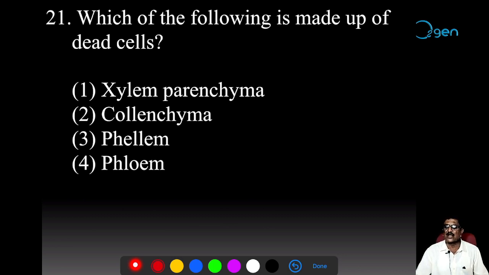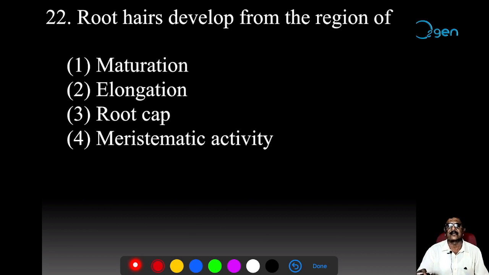Phellem, commonly called cork, is produced by the cork cambium. It is always dead cells. The cork or phellem is used to close the mouth of bottles, that is Quercus. D, phloem, also consists of living elements. Here all the dead elements are in phellem or cork. Option third is correct.